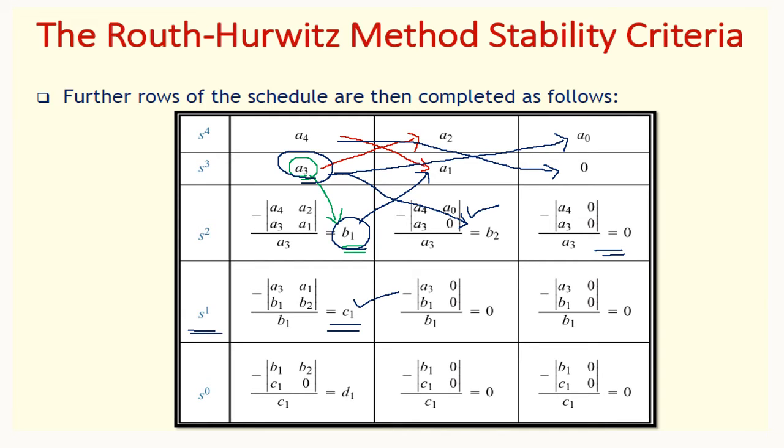Similarly, for the next case, it is B1 multiplied by 0, minus A3 multiplied by 0, divided by B1, we get the answer for C2. Similarly, it goes on.